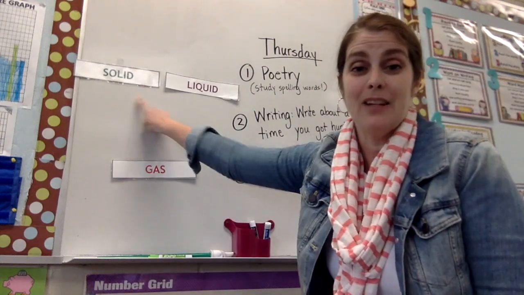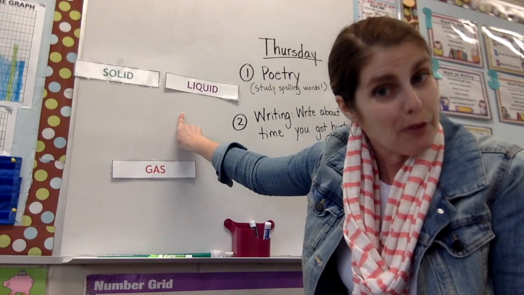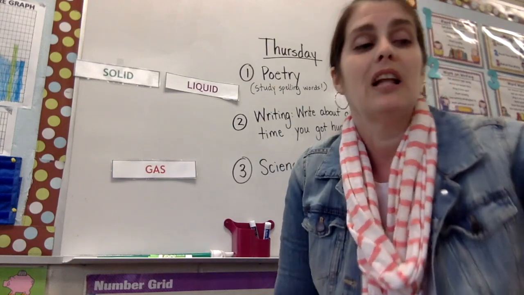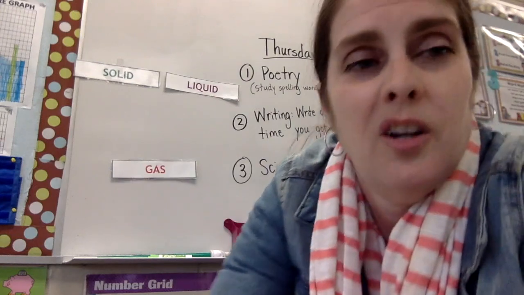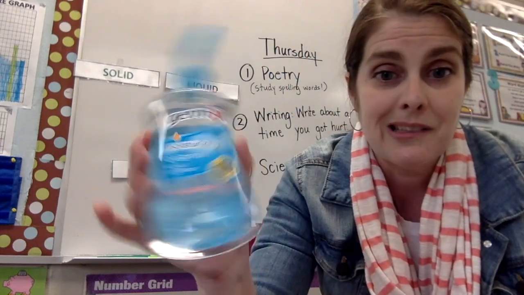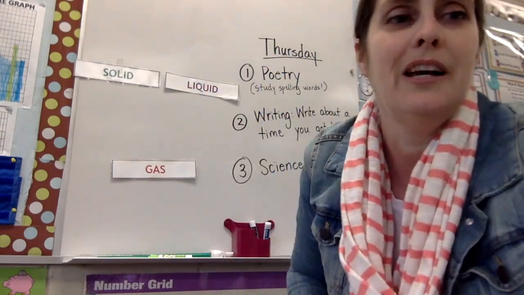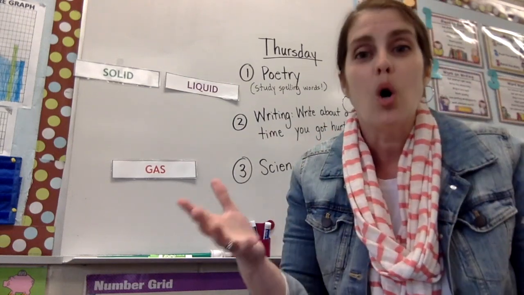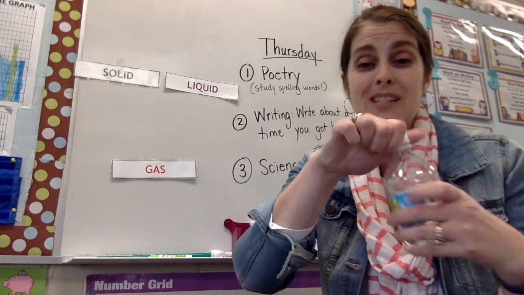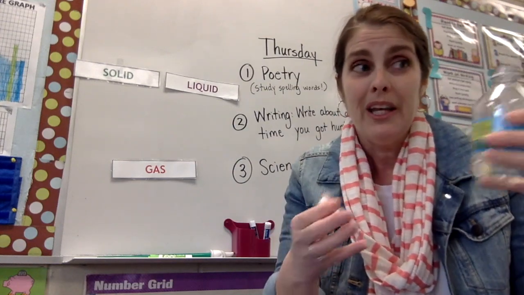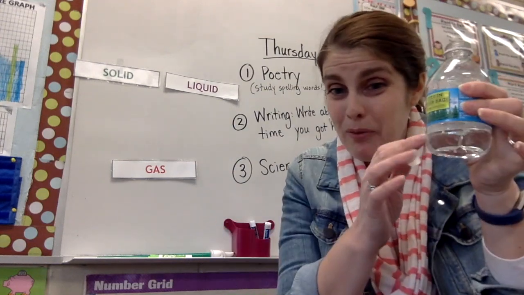So that's in a solid, but in a liquid, it's different, okay? A liquid is something like the water inside here, or the hand sanitizer inside my hand sanitizer. It flows, it can change. If I was going to open this up and pour it out, it would not stay the shape of this container, would it?